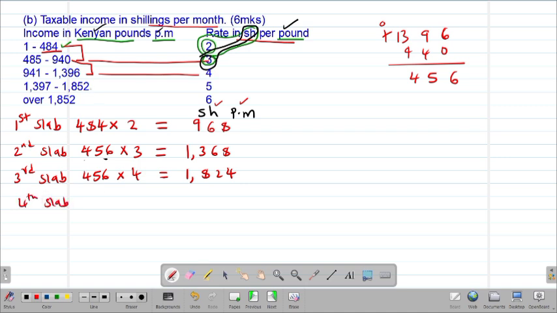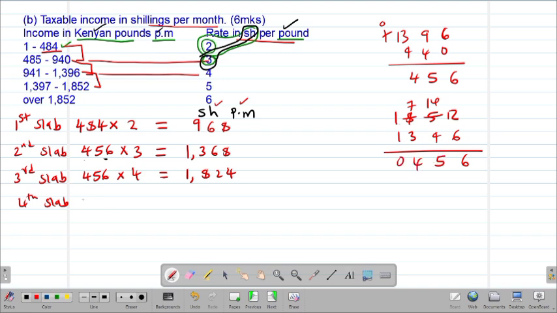So the fourth slab, we're going to find the difference between these two. So you take 1852 minus 1396. So the difference will be, this will be 4, this is 12, this will be 6, this is 7, 14, this will be 5, then of course this will be 4, then 0.